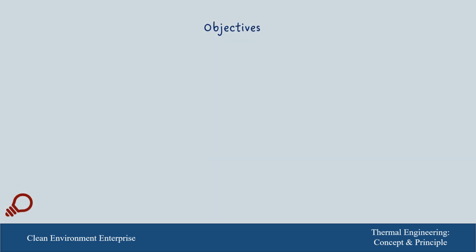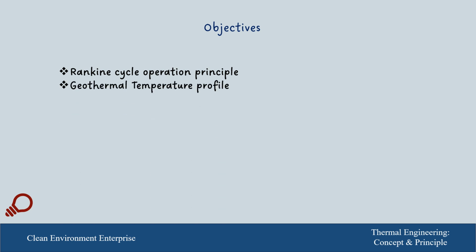The main objectives of the present video are the Rankine cycle operation principle and how this cycle works to extract energy and change it to electricity, and the geothermal power plant and how the temperature profile for the underground field varies with depth.